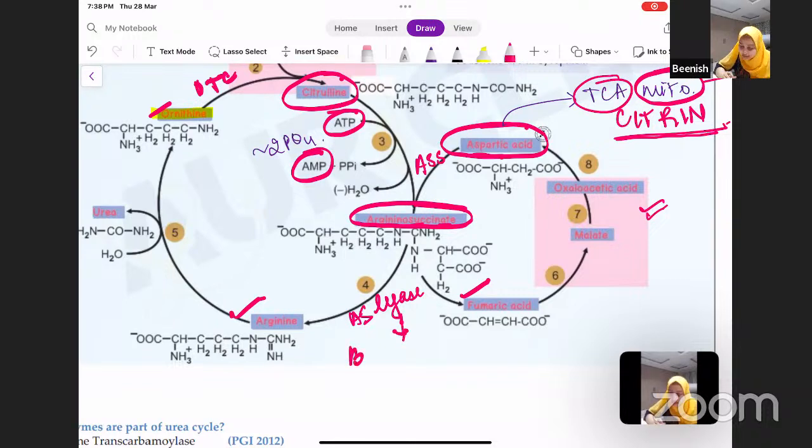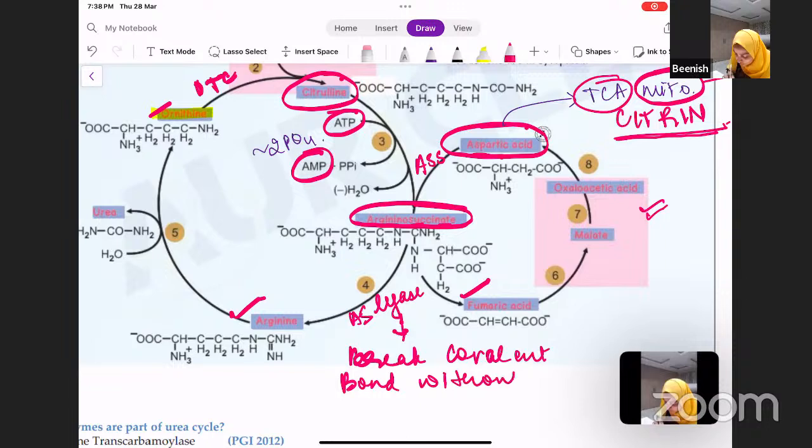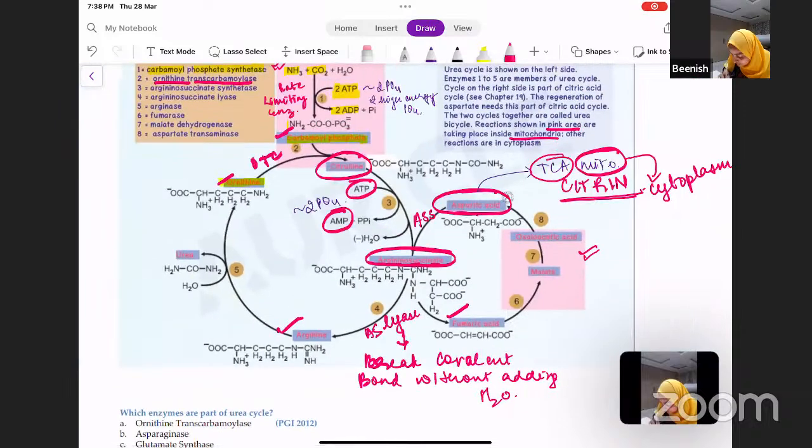Lyase enzymes break covalent bonds without adding water. So your arginosuccinate is split into arginine and fumaric acid, and this is brought about by the enzyme arginosuccinate lyase.